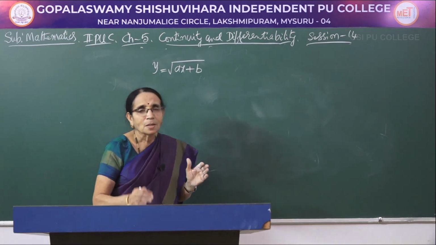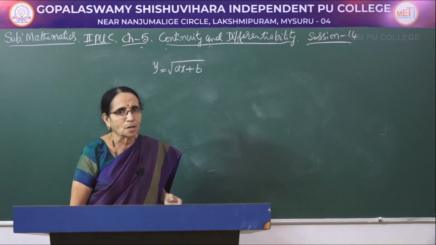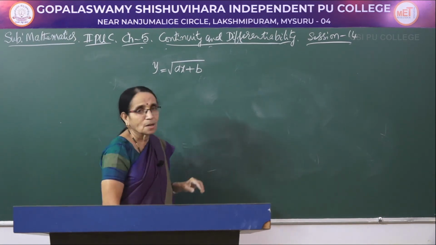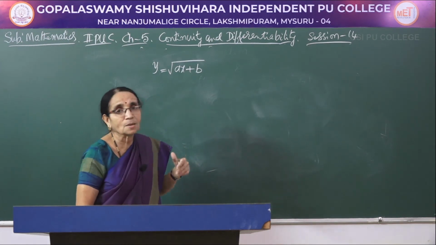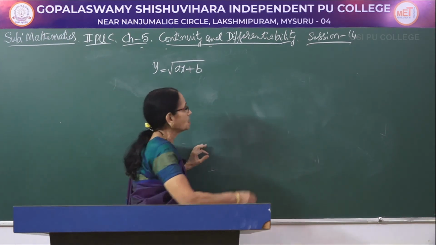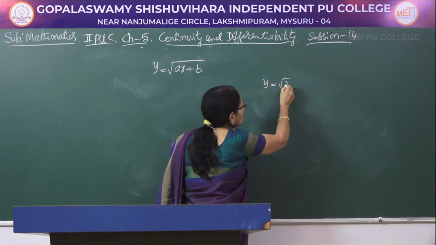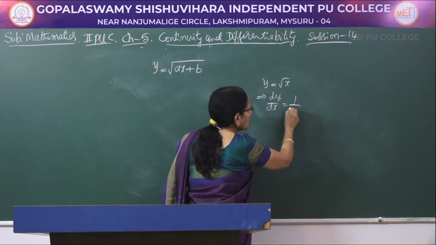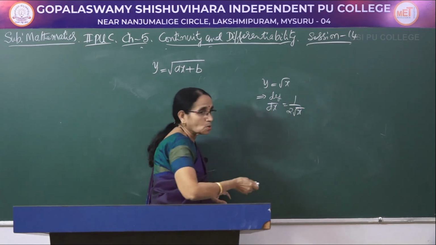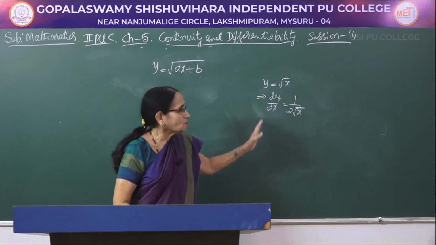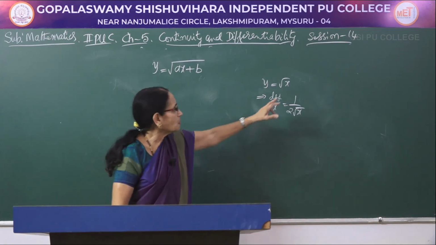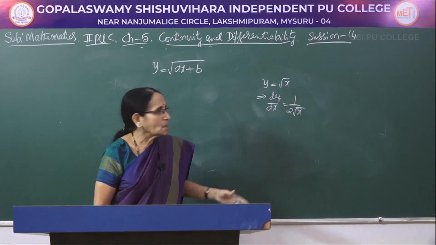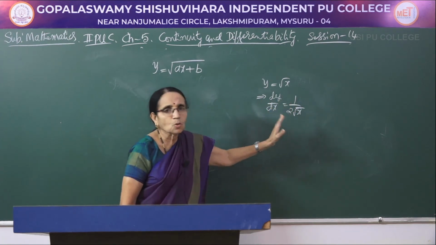Afterwards, the base part we had differentiated, correct, by making the substitution or without that also. Now this is given under the square root. What's the formula? If y is equal to root x, that implies dy by dx is 1 by 2 root x. Just now I told you before I did the problem, these basic formulae hold good irrespective of the function that we are having. Instead of root of x, I may have root of sin x, then it will always be 1 over 2 into root of sin x.